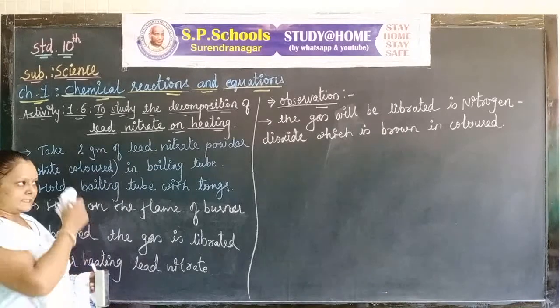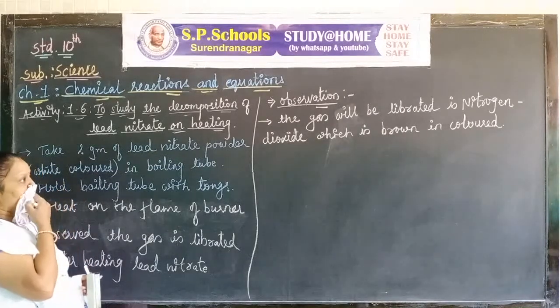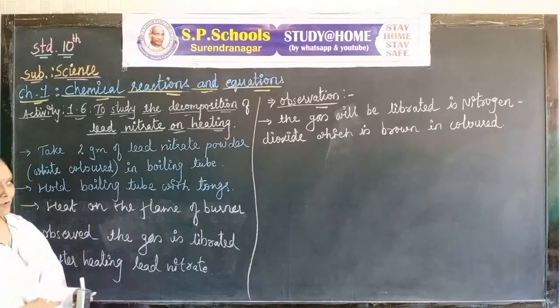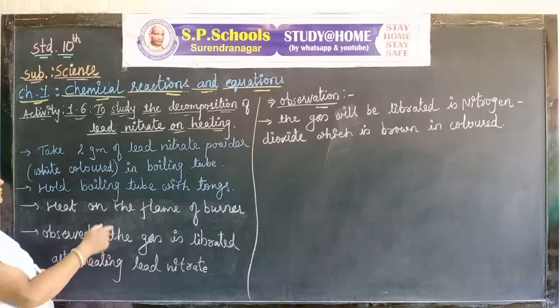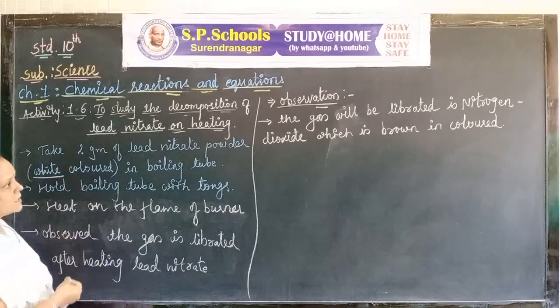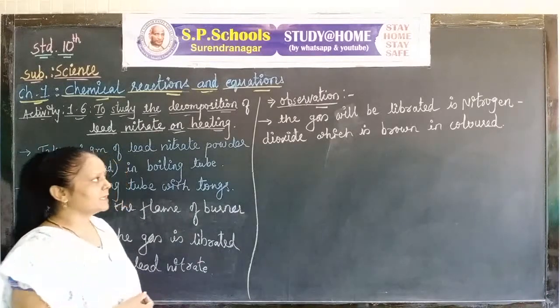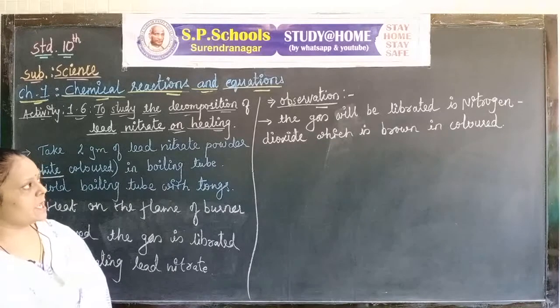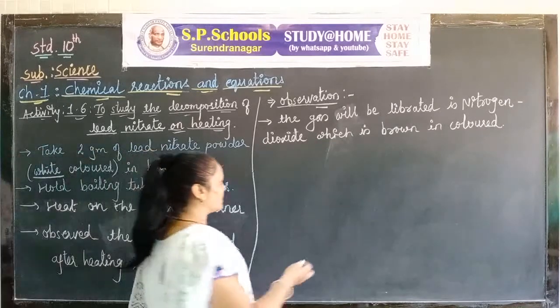So the gas liberated is nitrogen dioxide, and the color of lead nitrate is white, but the color of the gas nitrogen dioxide is brown.